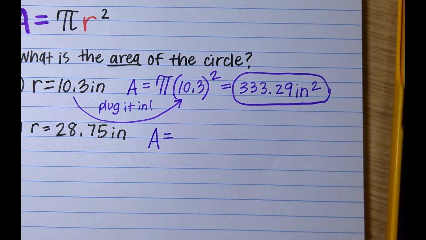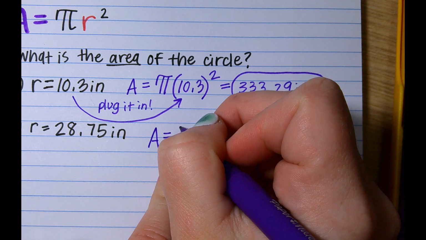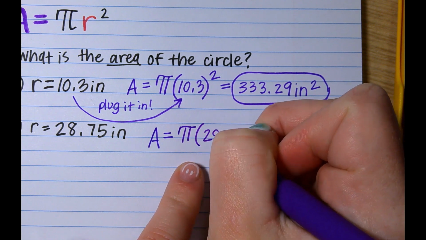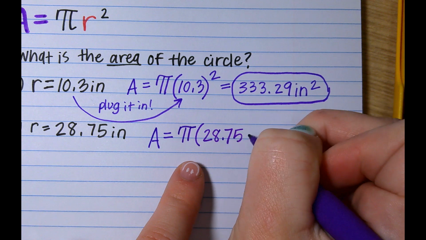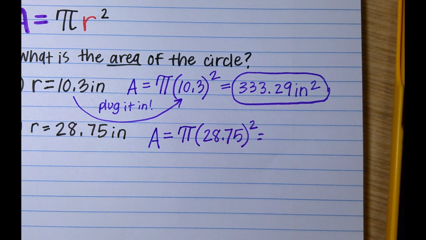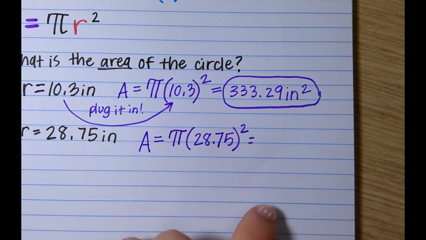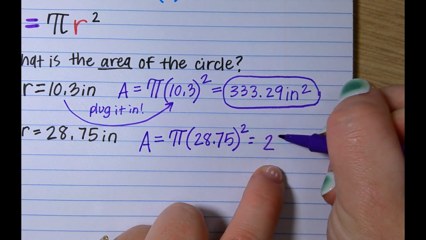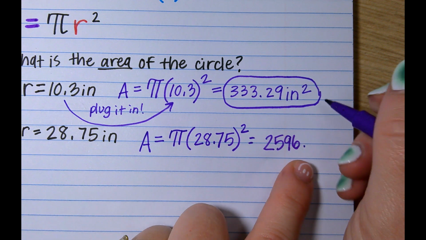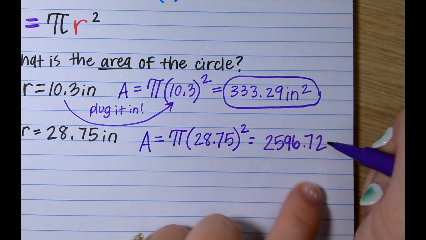That's good. So I'm going to write what we typed in. We typed in pi 28.75 squared. And our answer was 2596.72.